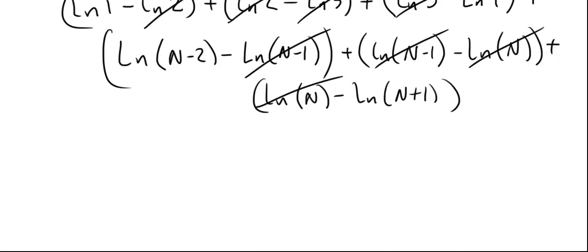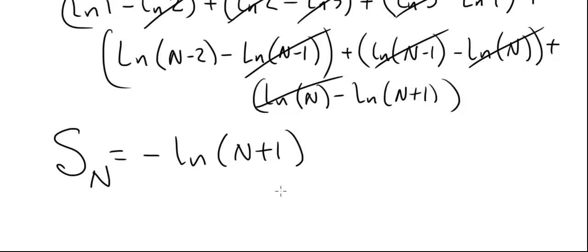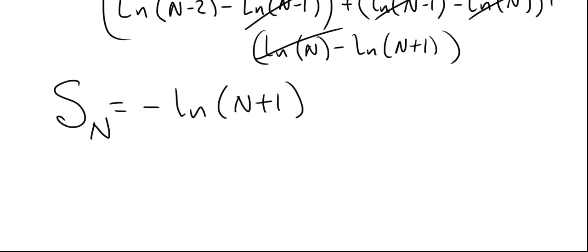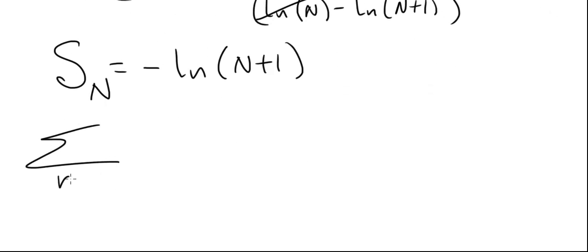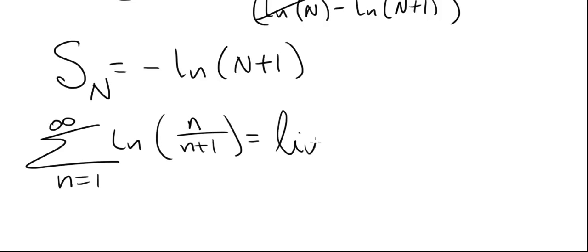So we have found a formula for S_N. S_N is equal to minus natural log of N plus 1. And therefore now we can say that our series, the summation from n equals 1 to infinity of natural log of n divided by n plus 1, is equal to the limit as big N goes to infinity of minus ln of N plus 1.